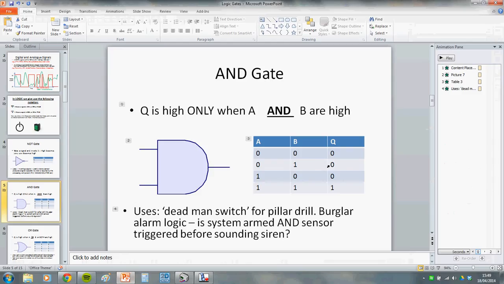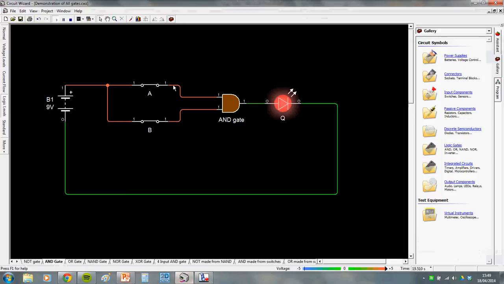I need to turn both switches on, making both inputs on, to make the output come on and light the LED. So if I turn this on, they're both 1, that's now on, the LED's on. So that is an AND gate.